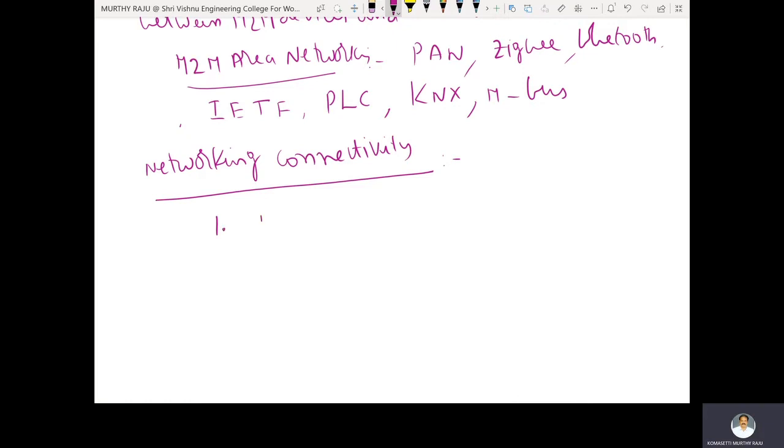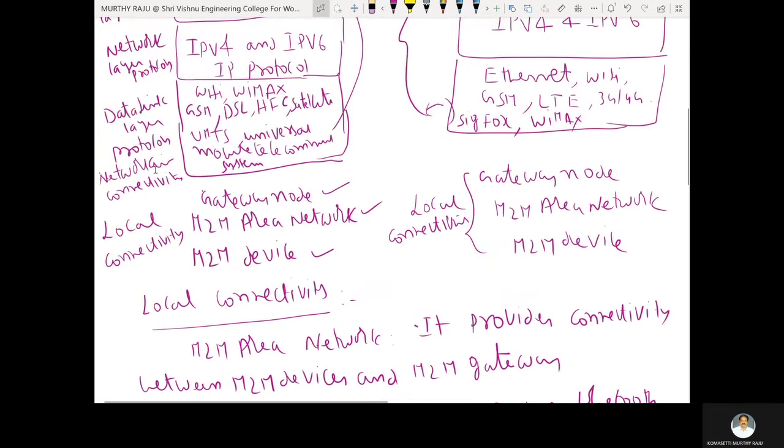First one, access network. Here, this is the M2M device and M2M gateway node. That entire one is called the M2M device and gateway domain.